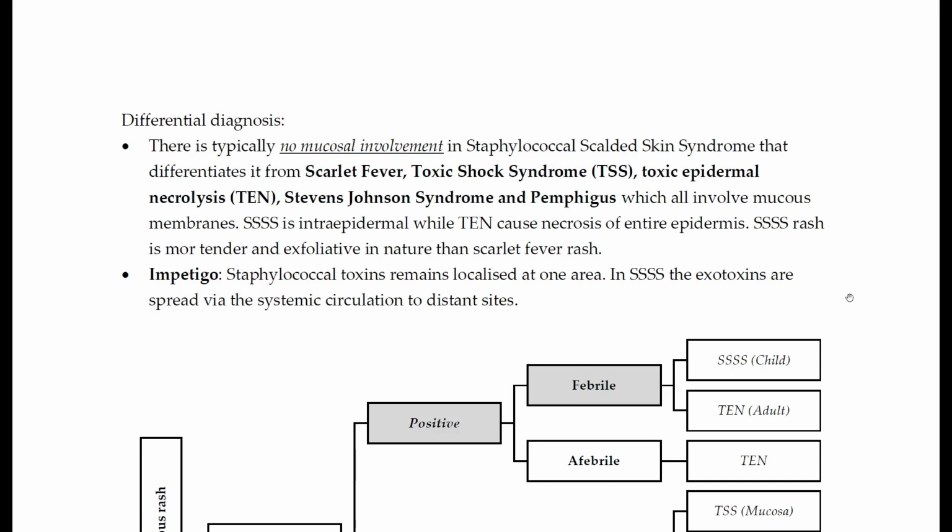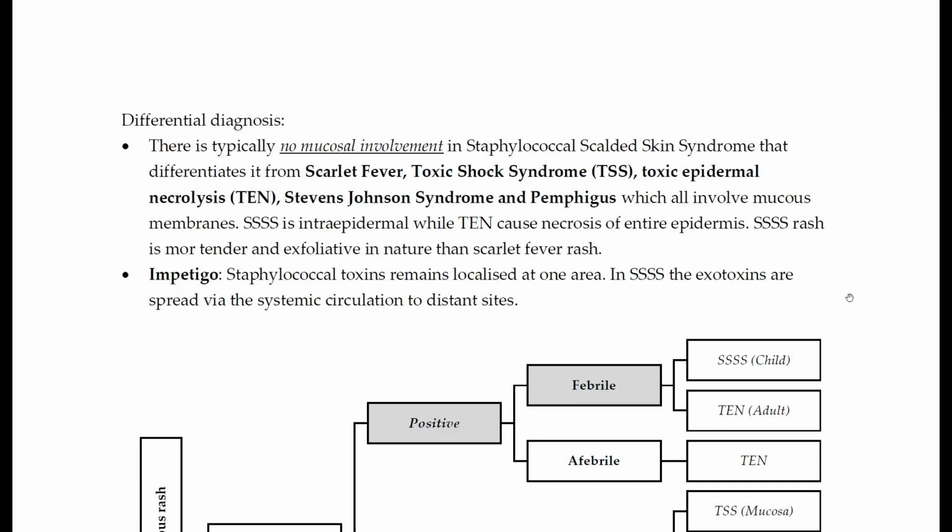In Staphylococcal scalded skin syndrome, there is typically no mucosal involvement, while that is the case with all other conditions which simulate it, like scarlet fever, toxic shock syndrome, toxic epidermal necrolysis, even Stevens-Johnson syndrome, and pemphigus.